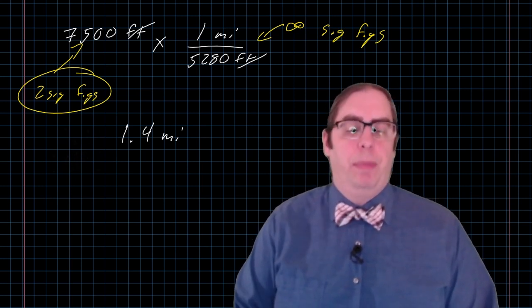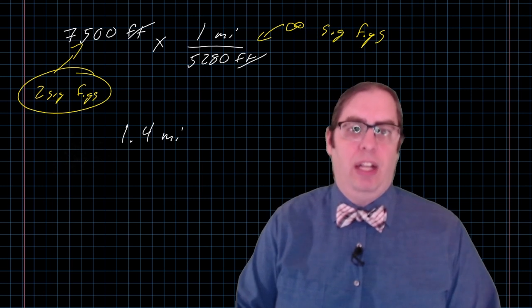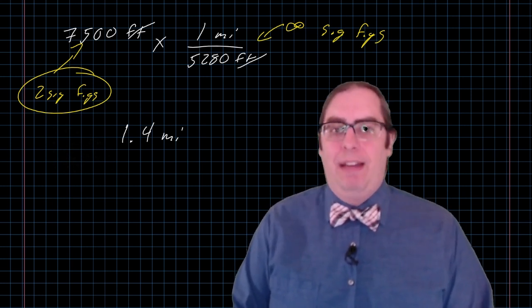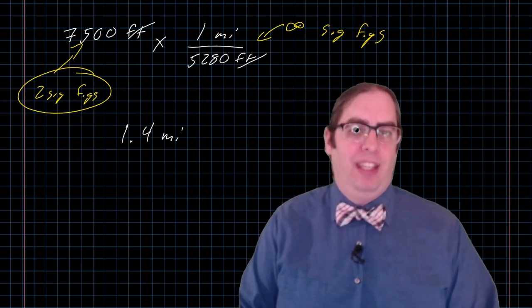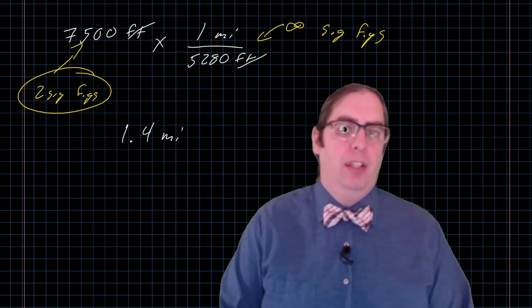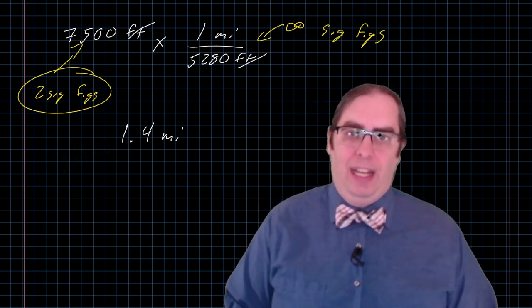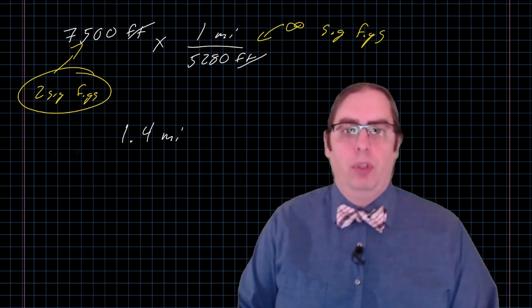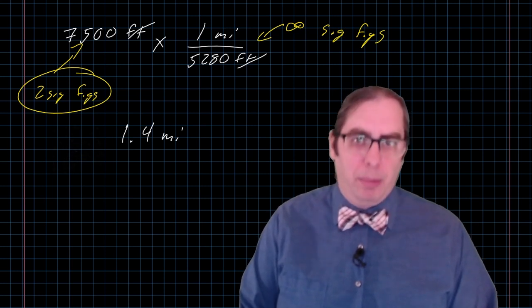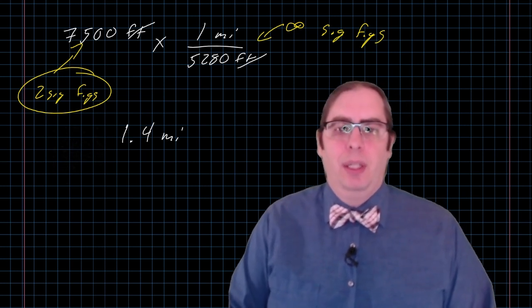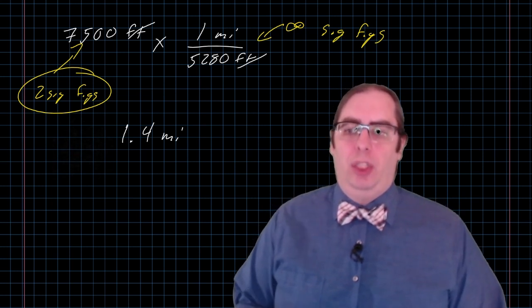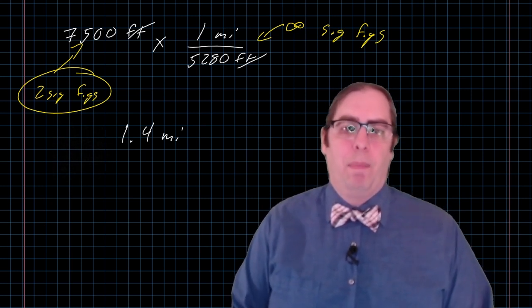If you measured something by counting, then it is an exact value. If you didn't count or measure, and you looked up a definition, like 1 mile is exactly 5,280 feet, then that is an exact value. If it's written using a square root, it probably is an exact value. If it's written using a fraction, it probably is an exact value. But a lot of the context is going to be very dependent on you trying to figure it out, right?